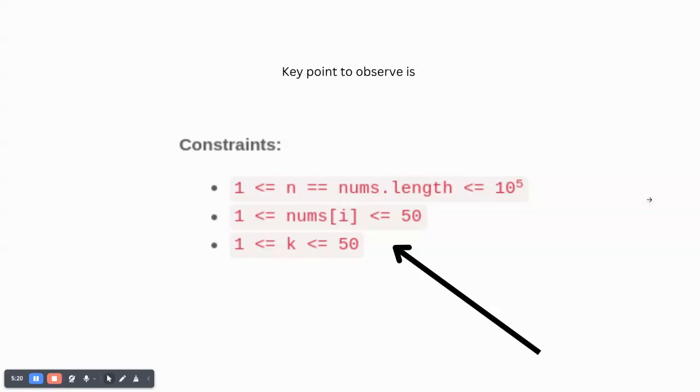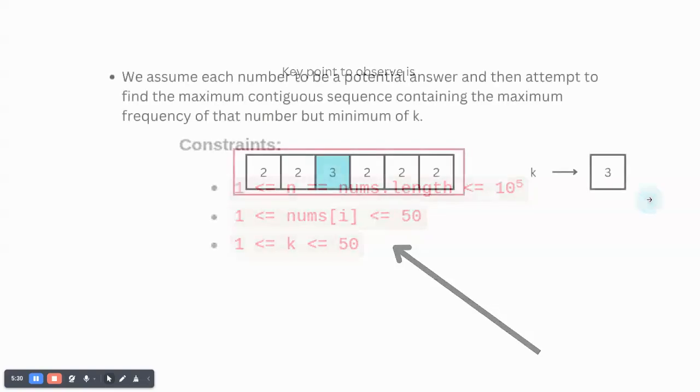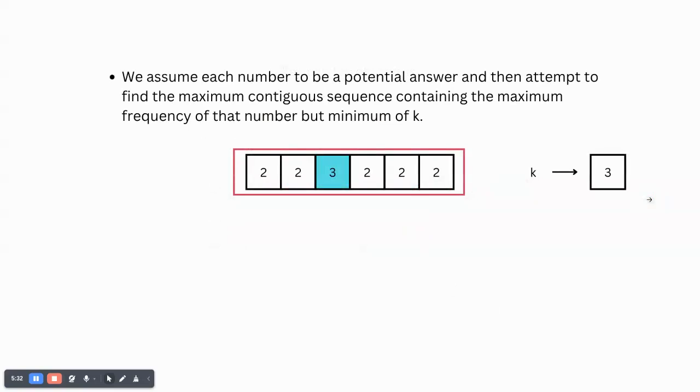So the key point to observe here is the constraint: the numbers are only up to 50. So we have only 50 unique numbers. So what do we do from here? We assume each number to be a potential answer, and then we attempt to find the maximum contiguous sequence containing the maximum frequency of that number, but minimum of k.